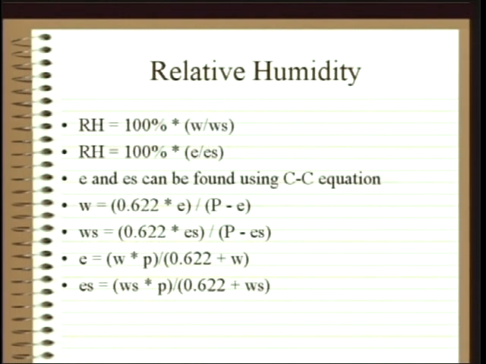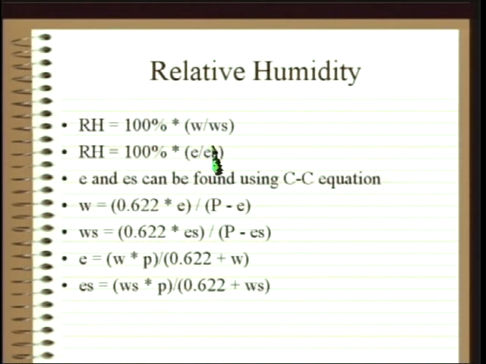There are two equations here for the relative humidity. Relative humidity is 100% times the mixing ratio divided by the saturation mixing ratio, or 100% times the vapor pressure divided by the saturation vapor pressure. And we've already discussed the vapor pressure and mixing ratio values today.